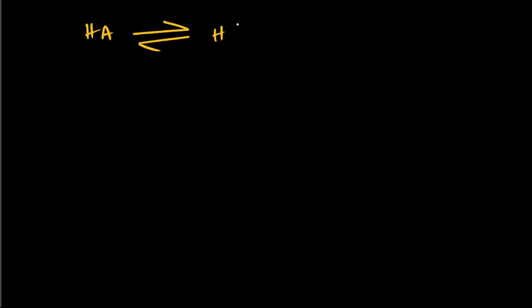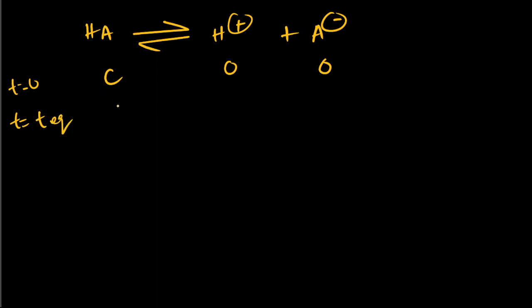So this is H plus and A minus. Initially, that is t equal to 0, the concentration is C, and for the products 0 and 0. And when t equals T equilibrium, suppose C alpha has dissociated, then C alpha will form H plus and C alpha will form A minus.